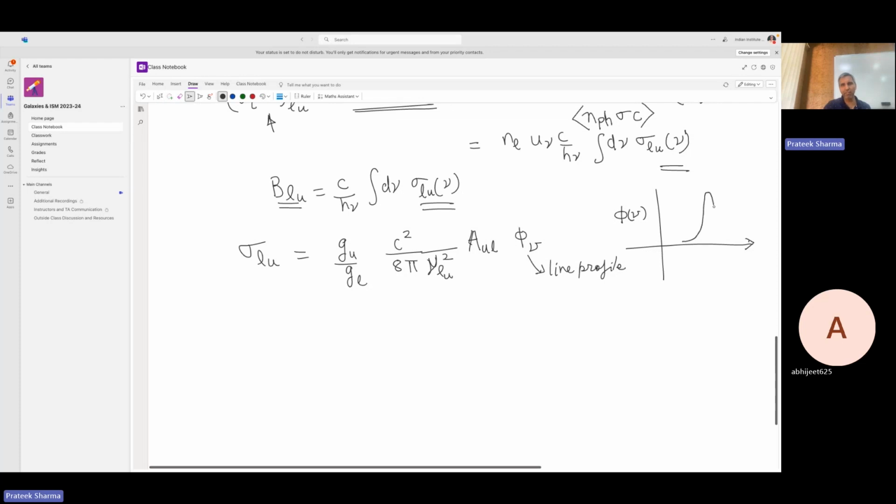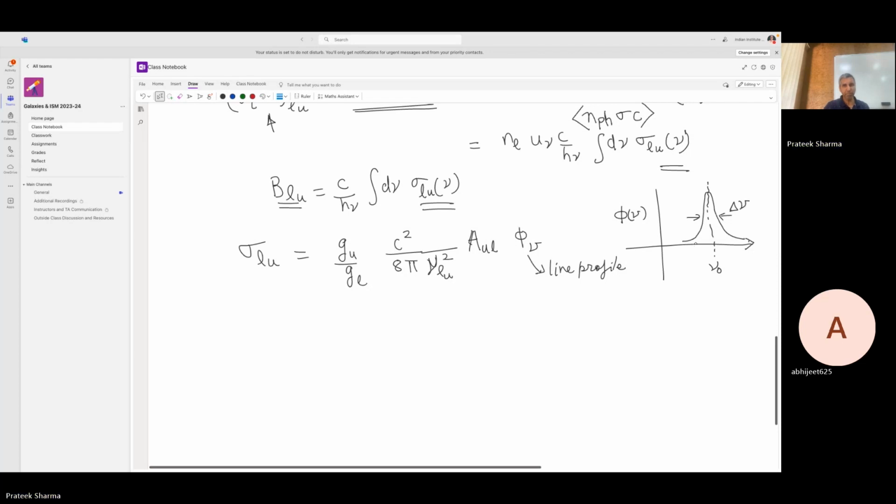You have a sharply peaked function at nu equals nu naught. Nu naught corresponds to this E_UL, right? So there is a very high probability of this transition happening at that energy difference. But if you're slightly off from it, it is also non-negligible. So this is like a frequency width of this line profile.